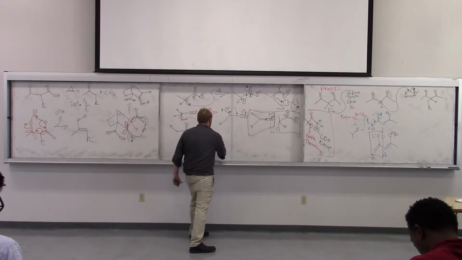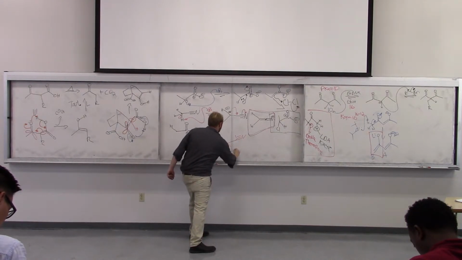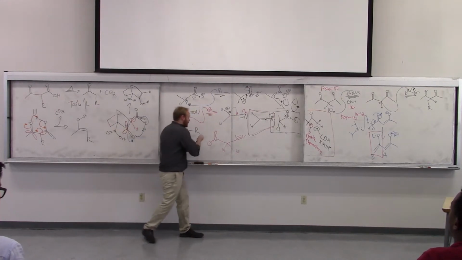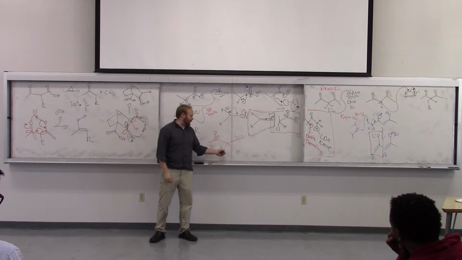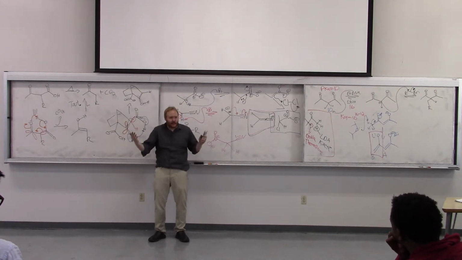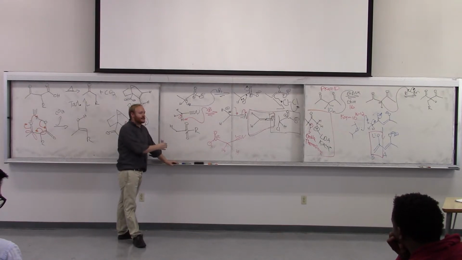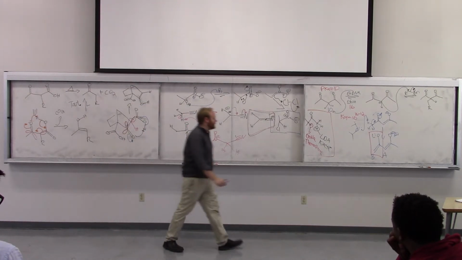For instance, how acidic do you think one of these hydrogens adjacent to a nitro group and a nitrile is? Nitro, nitrile, alpha hydrogen. How acidic? About 10, give or take. So the chemistry is very, very homologous. So focus on enolates and carbonyls, but be wary that anything you do with an enolate or a carbonyl, you can do with a nitrile or a nitro group or a sulfonate, so on and so forth. So be wary.